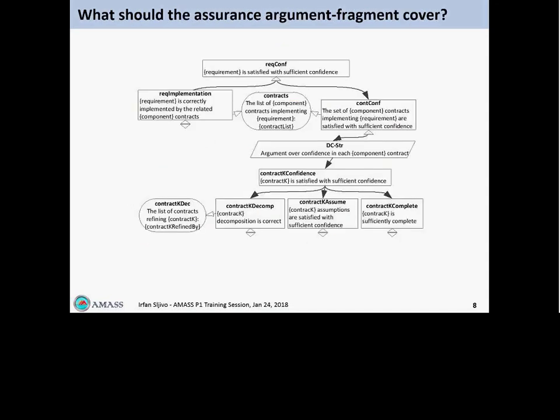And then once we have that information in CACM, we can make an argument based on that information. For example, if we want to assure that the requirement is satisfied with a certain confidence, then the requirement is associated with the contract. We need to say that this contract actually correctly formalizes or implements this requirement, and then we need to assure our confidence in this contract itself. So we do that for each contract for a particular component. What we need to say there is that this contract decomposition is correct based on the specified refinement.